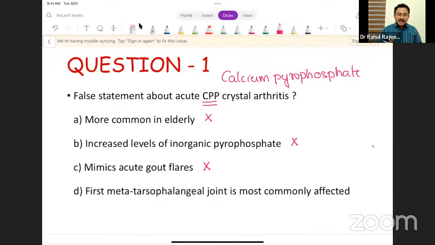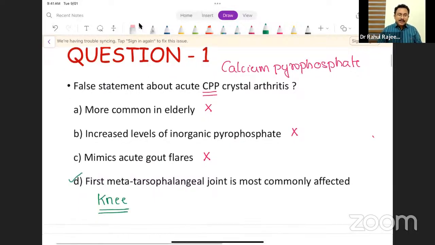So this is not a correct statement. In fact, the joint most commonly affected in pseudo-gout is the knee joint. So the answer is option D. I hope we are clear with that question and let's move forward.